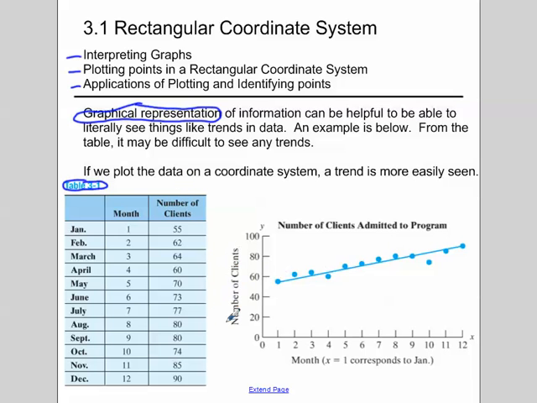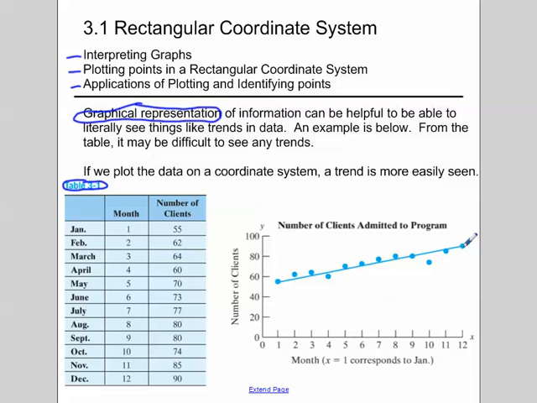To be honest with you, you could go through the table and ask, what was the greatest number of clients? Here's 60s, now 70s, now 80s, now 74, here's 85, and here's 90. That's the largest number of clients. But if you go to the graph, you can ask, when is this line the highest? Right there is the highest point.